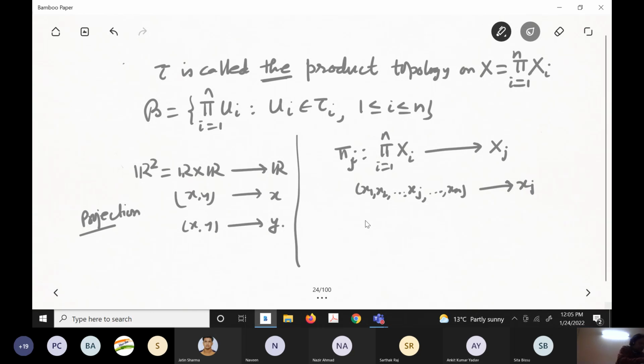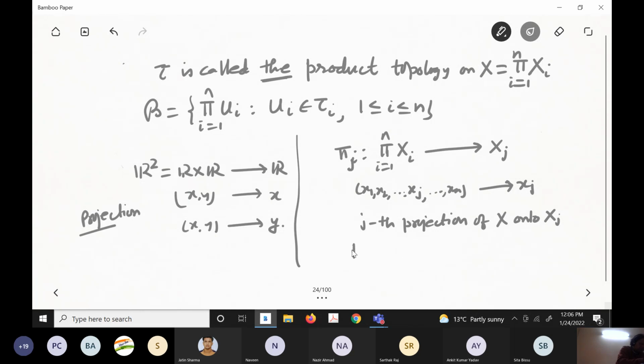This is called the jth projection of the X product, onto X_j. If you take X_j and put anything there, that will be the pre-image, the jth projection.